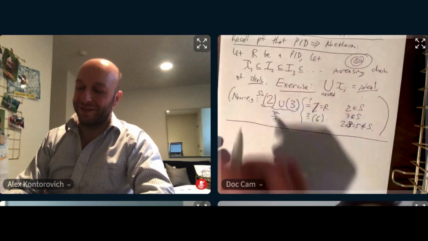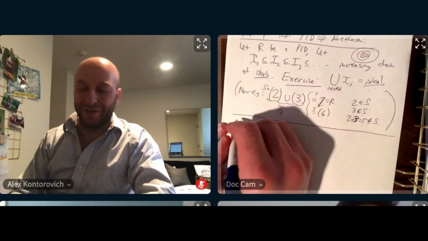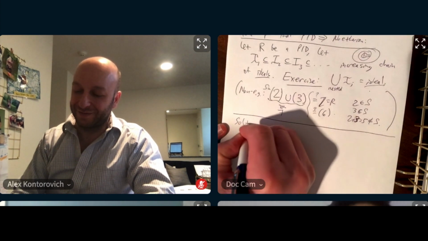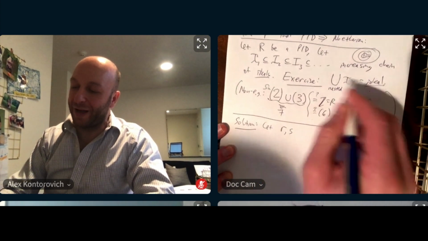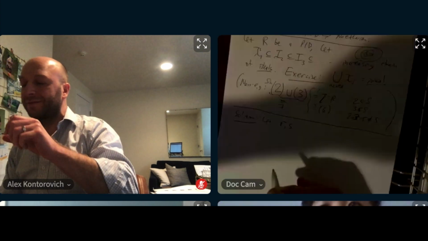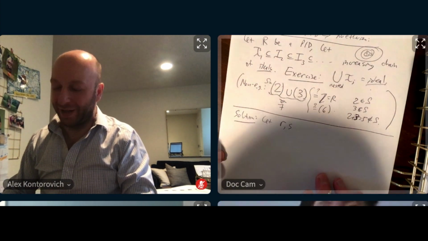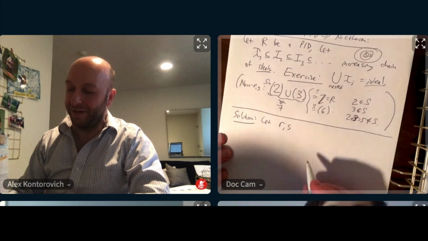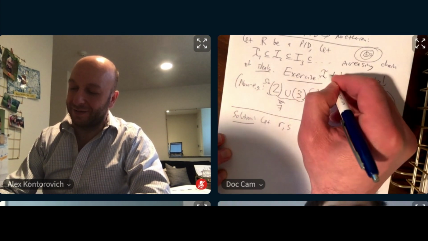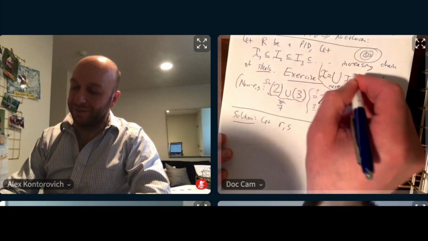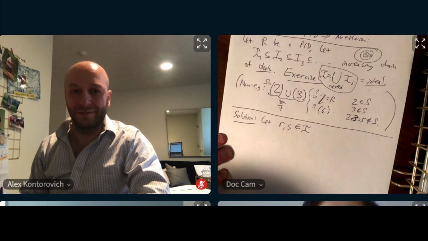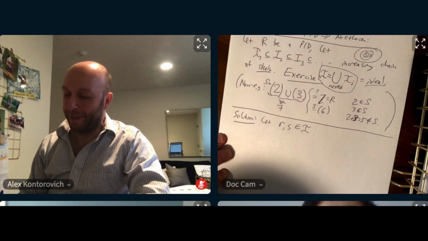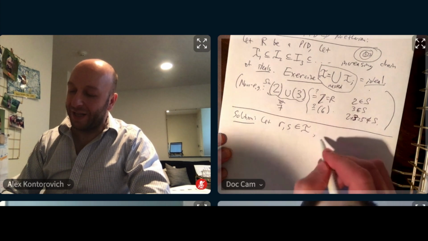Let's do this exercise. Okay, so exercise solution. Let's call this big ideal I. Let R and S be elements of I. Well, what does it mean that R is in I?